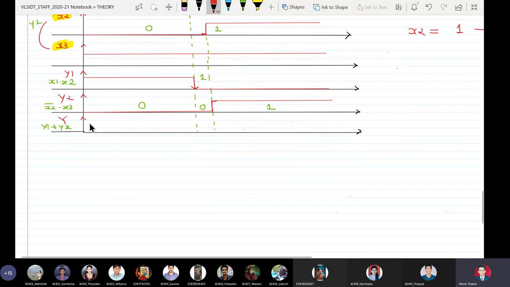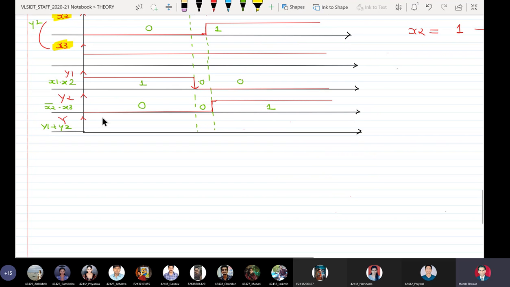So now it's clear. 1, 0, 0, and this is 1, 0. So 1 ORed with 0 is 1, 0 ORed with 0 is 0, and 0 ORed with 1 is 1.